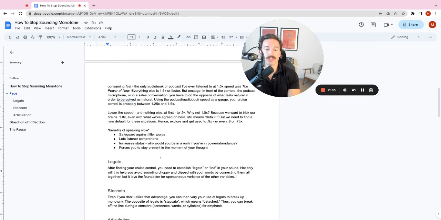But then it also forces you to stay present in the moment of your thought. And this is one of the reasons that we tend to die at the ends of sentences, right? Is because we lose the train of thought that allows for us to drive vocal energy and intention and subtext, etc., all the way through the last syllable of a sentence up to the period or exclamation mark or question mark.